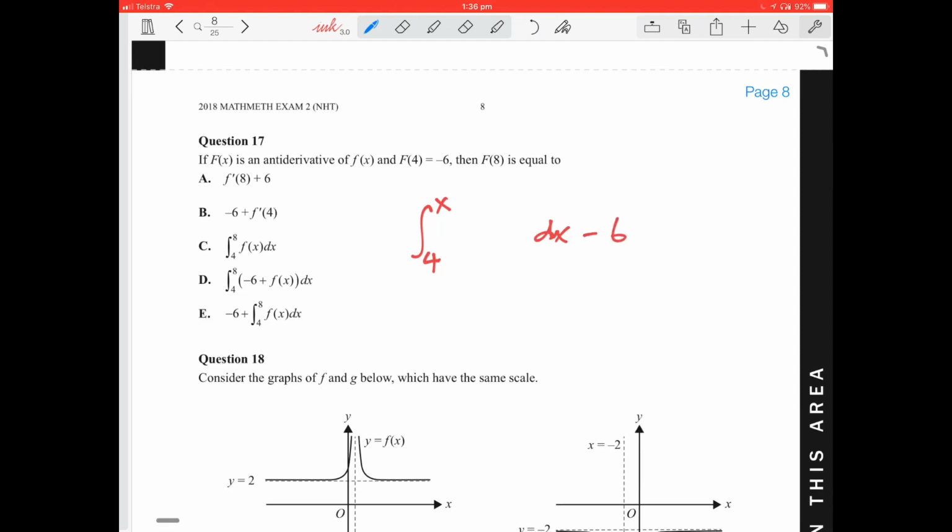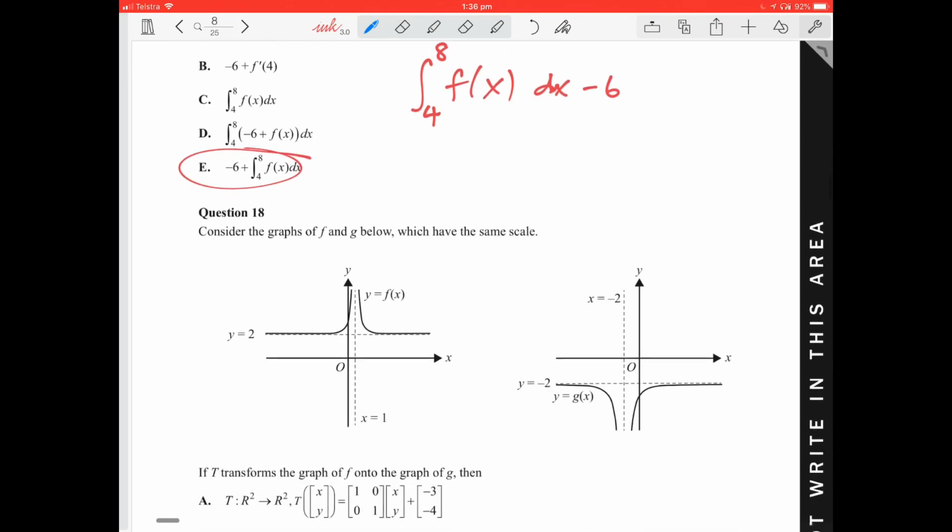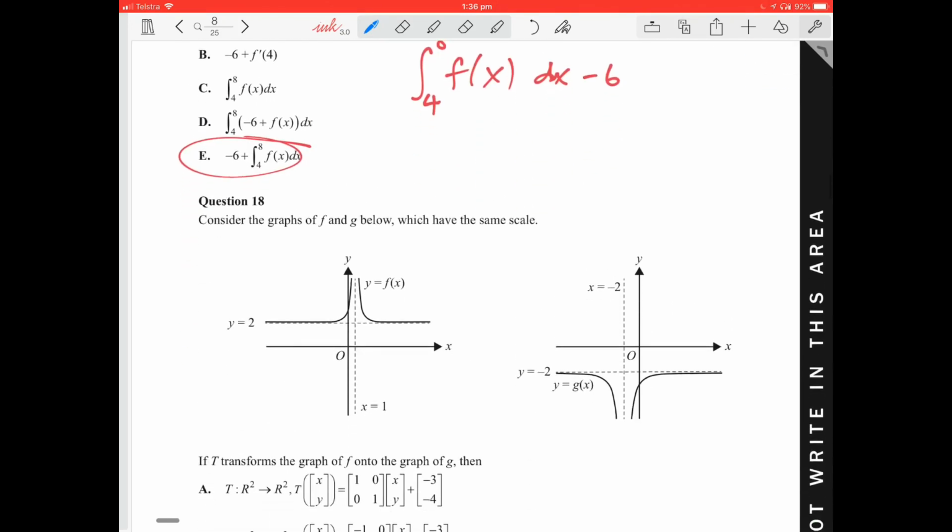So then this one is going to be the integral from 4 to 8 of f of x dx minus 6, which is e. Specialist kids will know that. Not too sure about methods kids. Yeah, it's a bit funky.